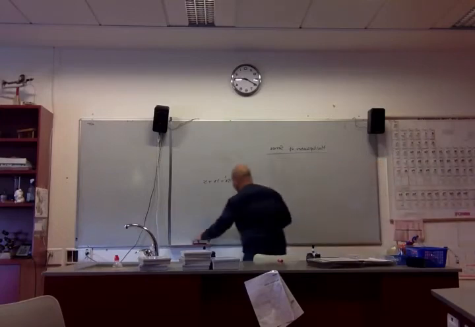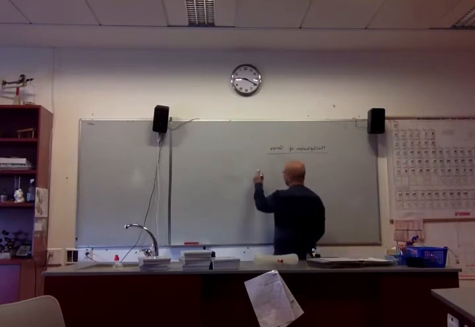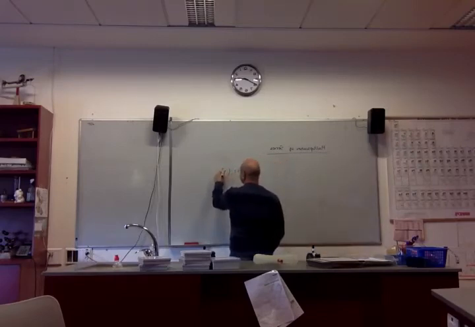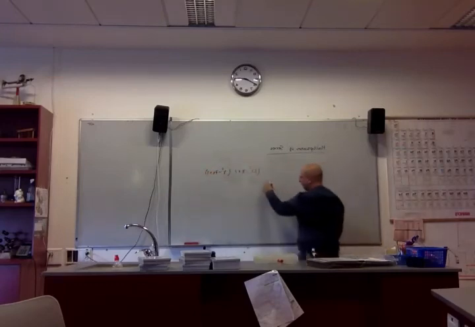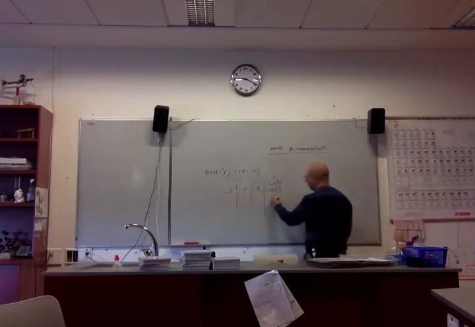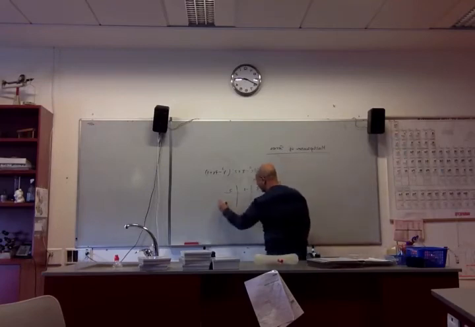So how do we multiply? Last time I showed you how to multiply 3x squared minus x plus 2 by x squared minus 7x plus 1. We write the first one as 3, negative 1, 2, and the second as 1, negative 7, 1, and we find the numbers inside.